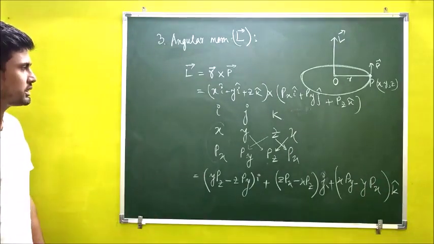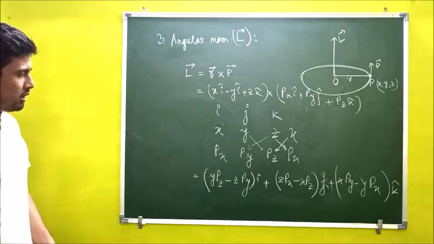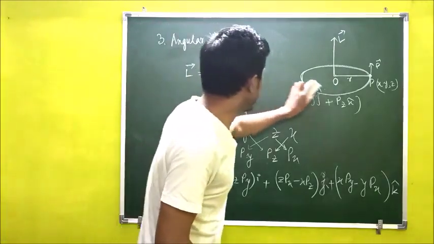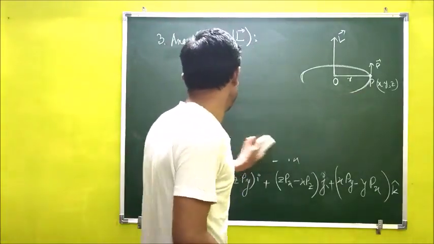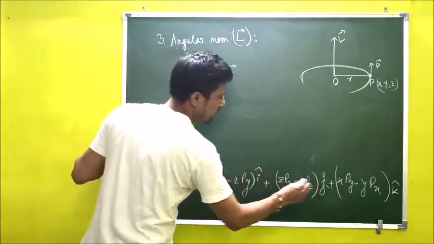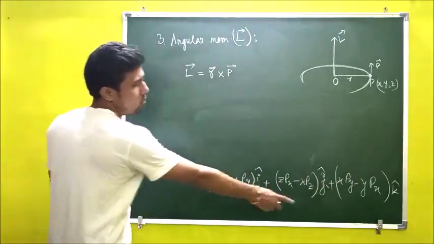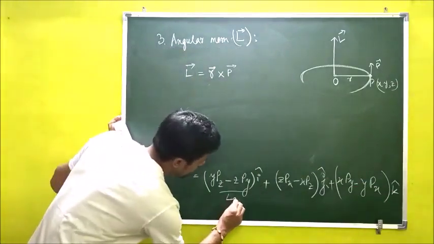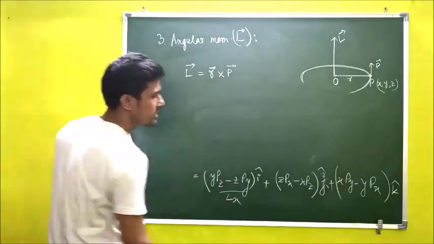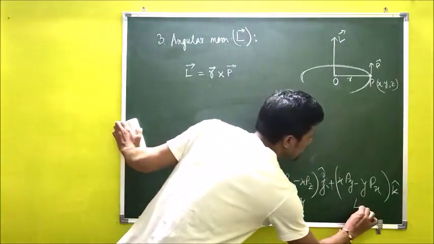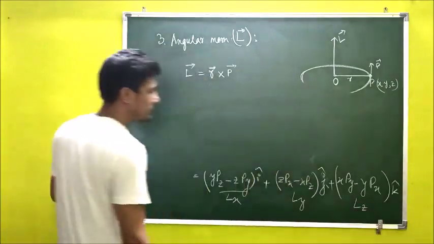Just take a screenshot. So this product can be written in terms of the unit vectors along the x axis, y axis and z axis. This term represents the angular momentum along the x axis, this the angular momentum along the y axis, and this the angular momentum along the z axis.